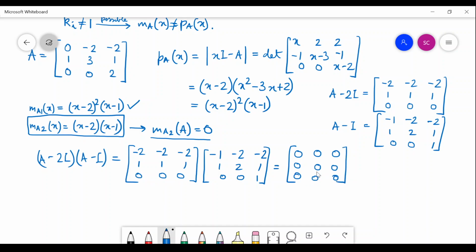You get 0. That means you can now conclude that the minimal polynomial is this.